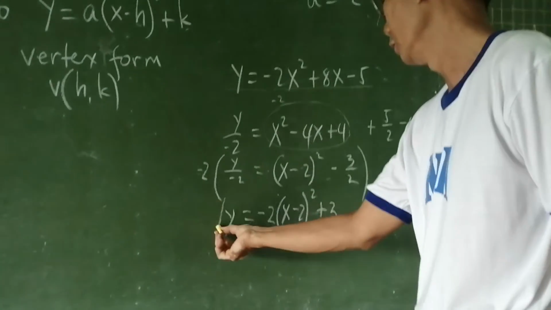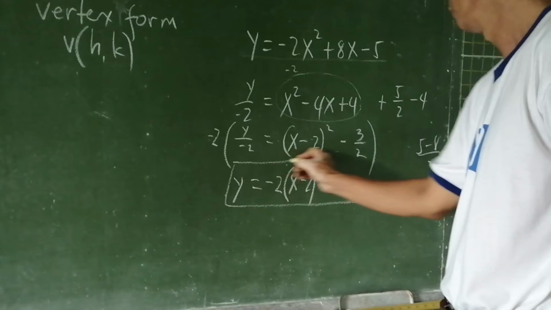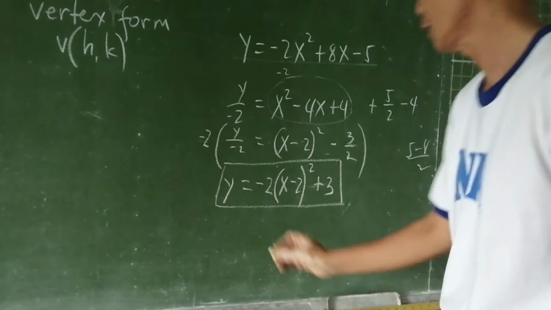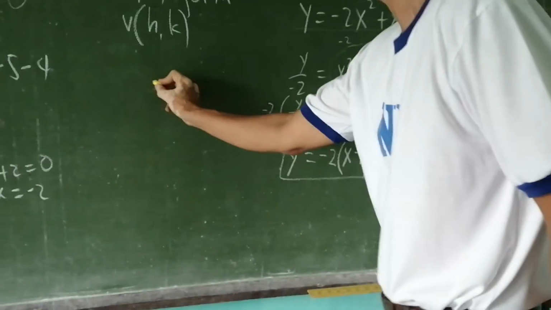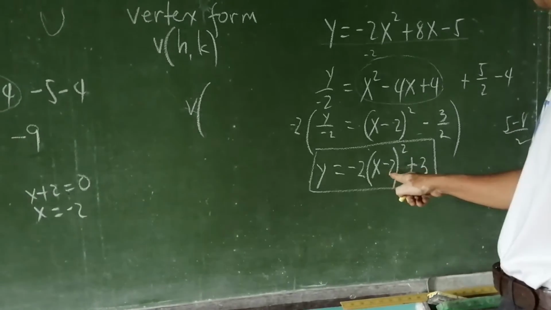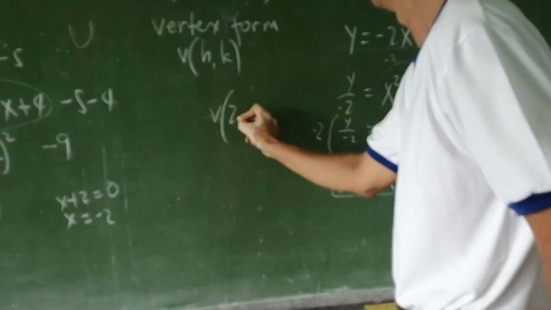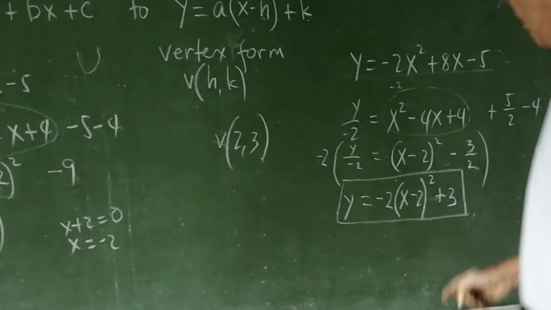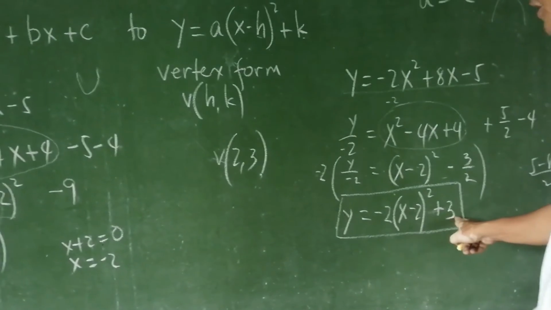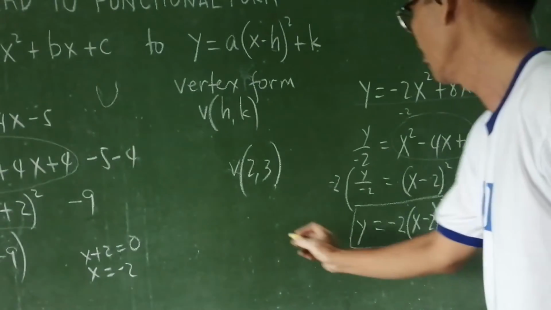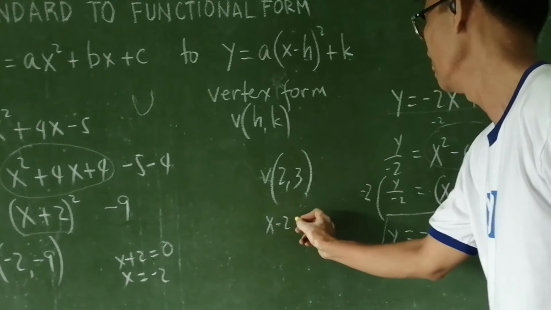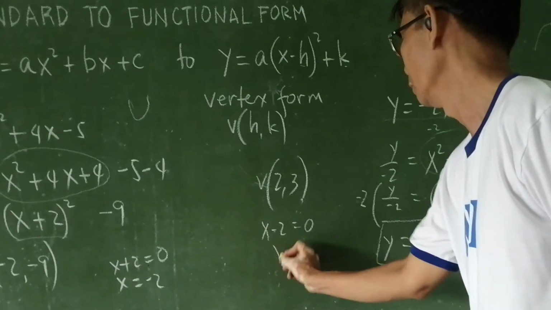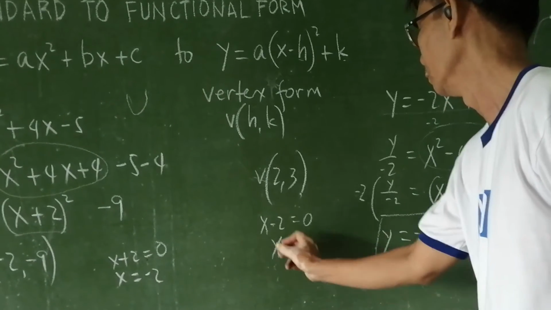So this is now the vertex form where you can get the vertex. The vertex here will be (2, 3). And the axis of symmetry, x minus 2 equals 0, or x equals 2.